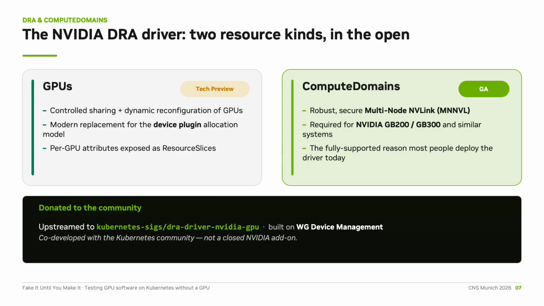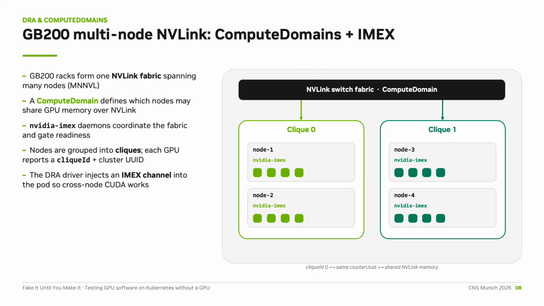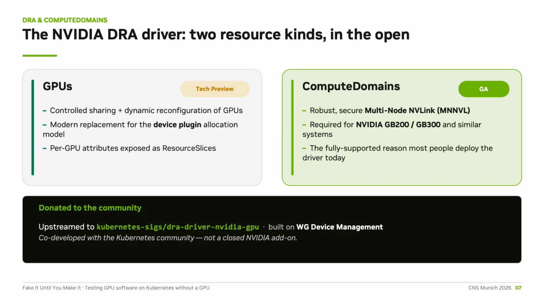So if you have a cluster with GB200 or GB300, with compute domains, you can allocate pods into a clique, or kind of like a special set of nodes that are connected via NVLink. Or you can request GPUs to the cluster as you would do with device plugin. But it is still on tech preview because we are trying to do everything as you were doing it before with the device plugin.